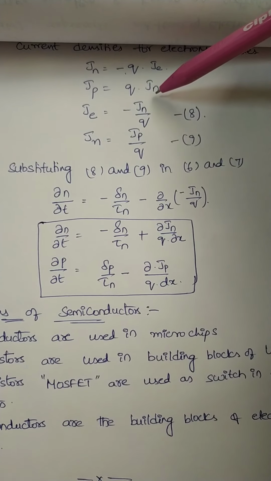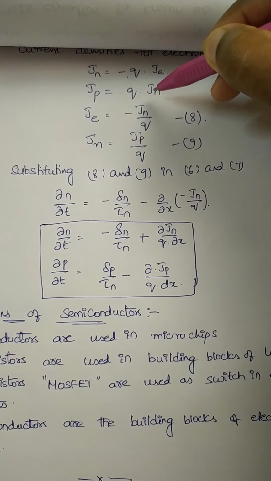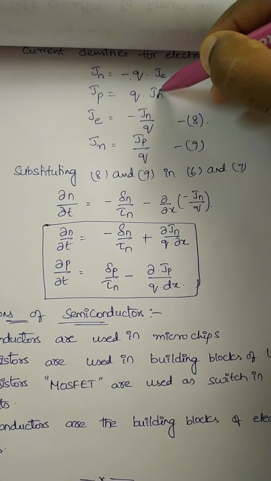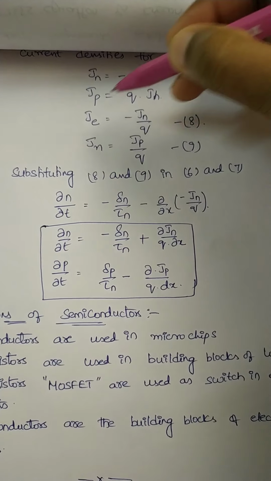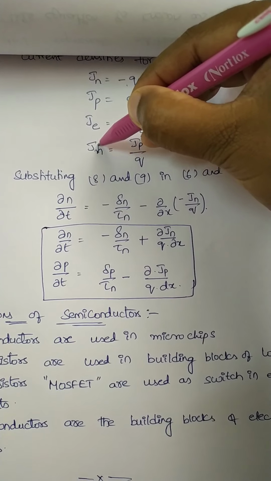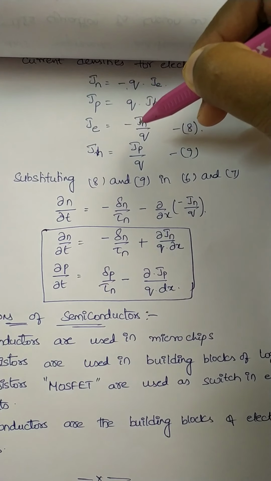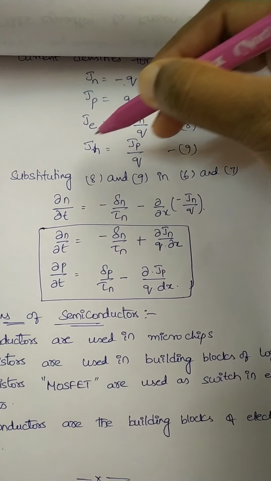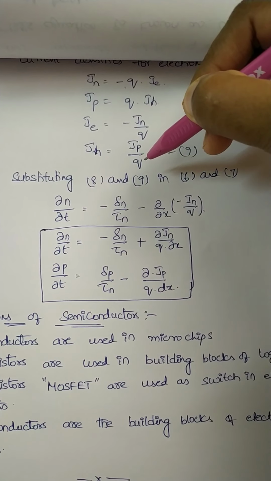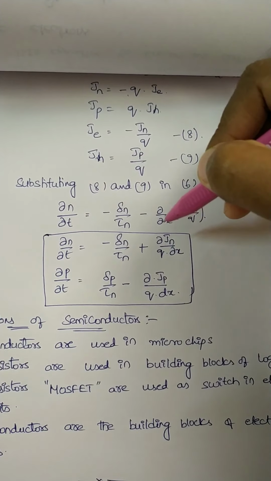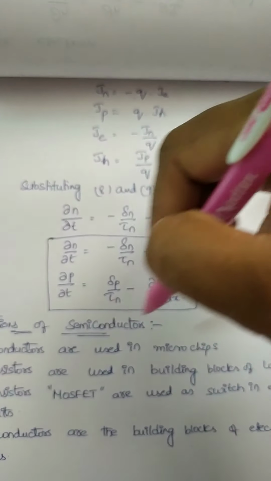It is not Jn, it is Jh. So Je = −Jn/q and Jh = Jp/q. Now substituting these values, we get the equation.